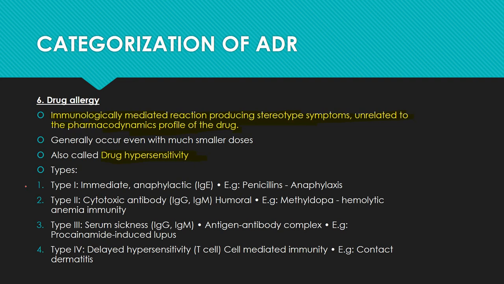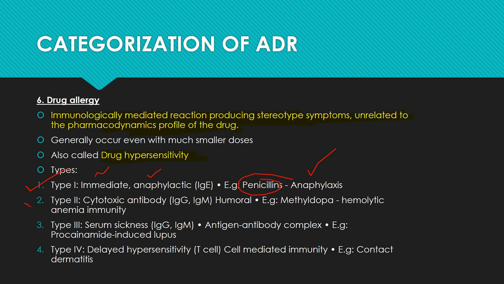First we are going to start with type 1. Type 1, what has been said? It is immediate and anaphylactic. Anaphylactic means it is allergic or hypersensitivity. For example, here we have cited penicillin. Penicillin causes what? Anaphylaxis.